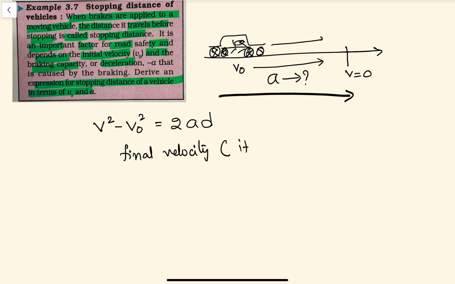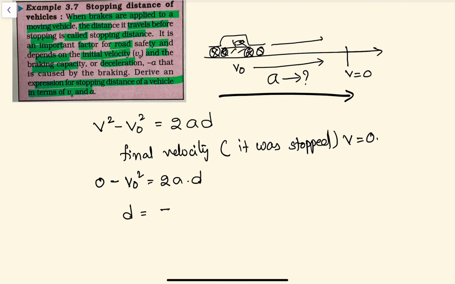Because it was stopped, v is equal to 0. So 0 minus v0 square is equal to 2 into a into d. What will you get? d is equal to minus v0 square by 2a.